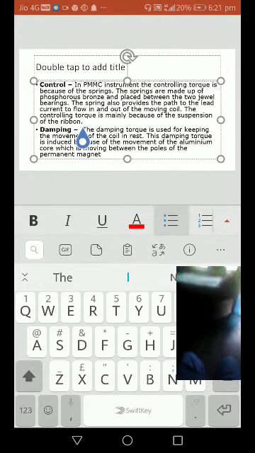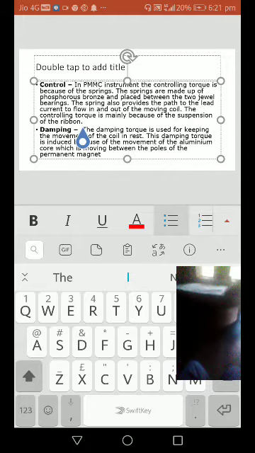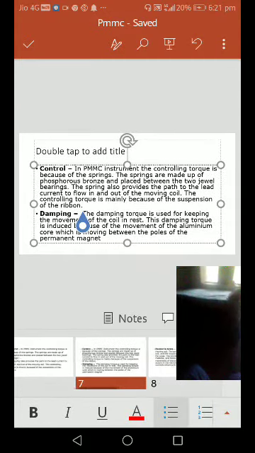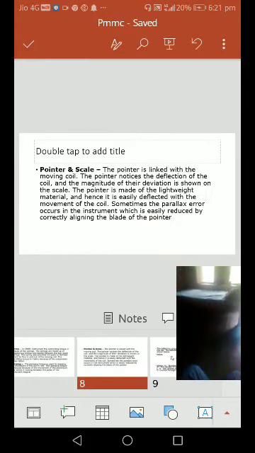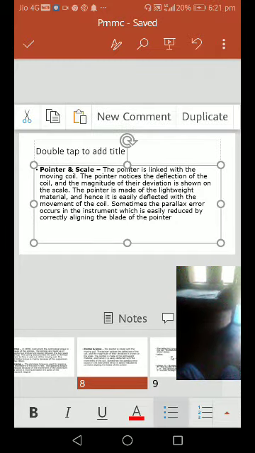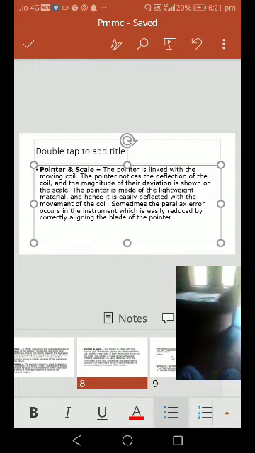The next slide is the moving pointer. The pointer will be provided.